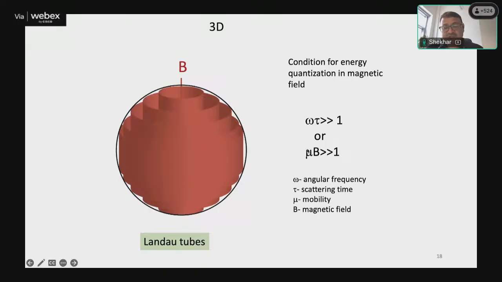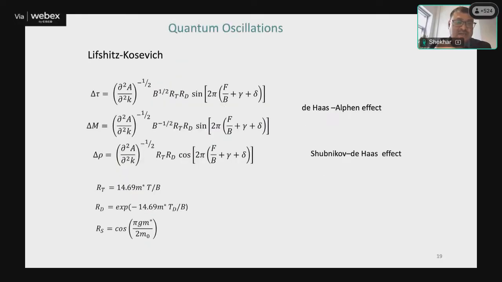Once we have a high quality sample, then we can expect a high mobility. Then together, this quantity becomes more than one, and we can expect a quantum oscillation in the material.